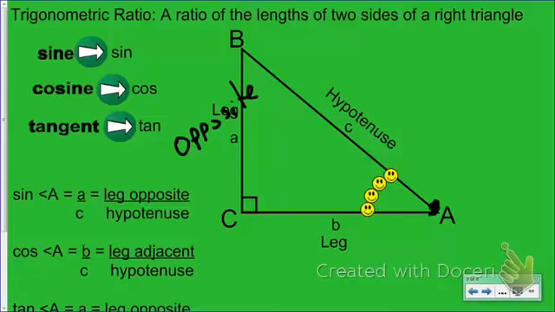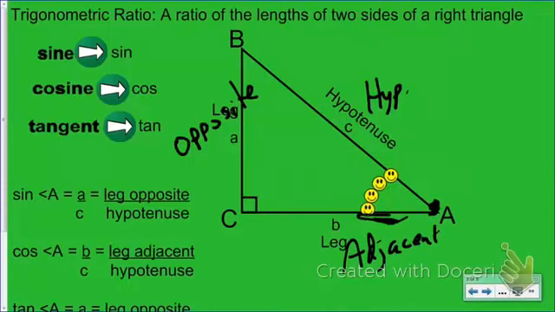The side that's the hypotenuse is still going to be called the hypotenuse. Then there's one side remaining, and the other side that's remaining, we're going to call that the adjacent side. Adjacent means next to. Okay, and so this side is next to corner A. Now the hypotenuse is also right next to corner A, but it's already got a name. That one's called the hypotenuse.